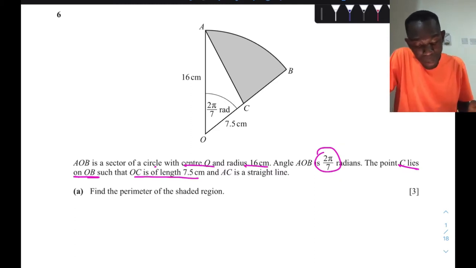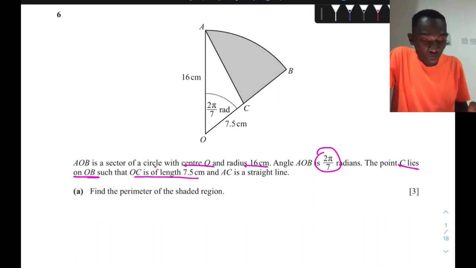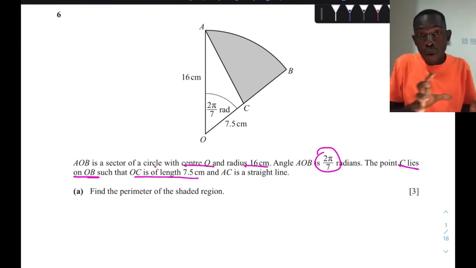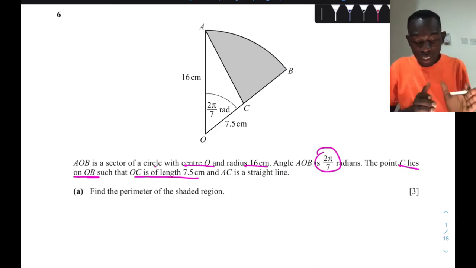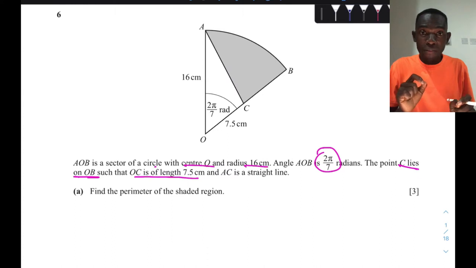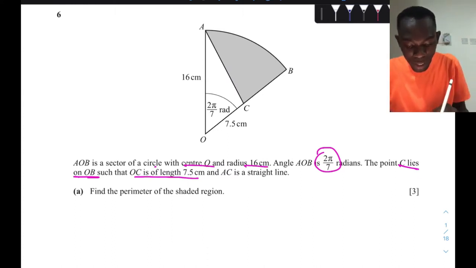Remember that if AOB is a sector and OA is a radius of 16, therefore OB should also be a radius of 16. But if OC is 7.5, then the remaining to make it 16 should be 8.5.